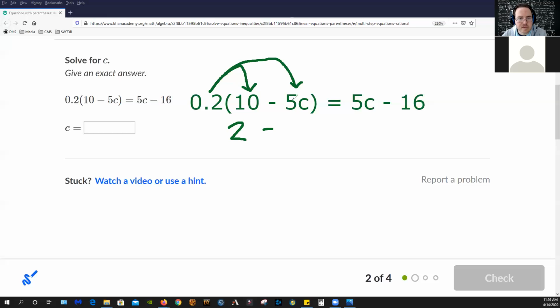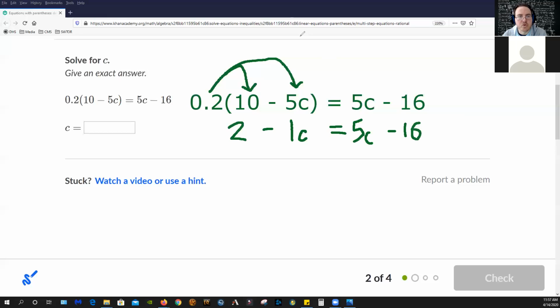-5 times 2/10. Well, 2 times 5 is 10, I have to move the decimal place over one time. So this is just going to be -1c, because -5 times 2/10 is -1. And this I haven't done anything with, so it's just 5c minus 16.